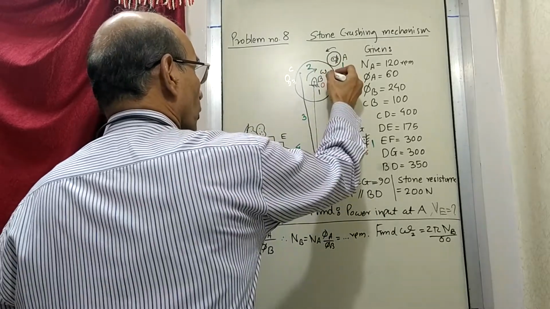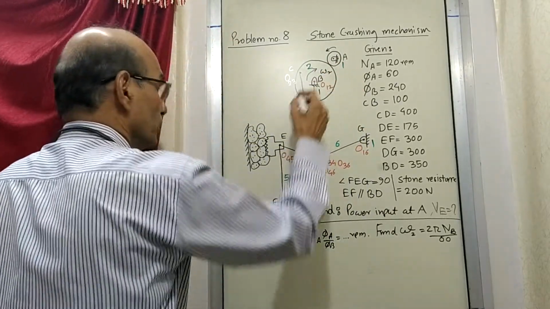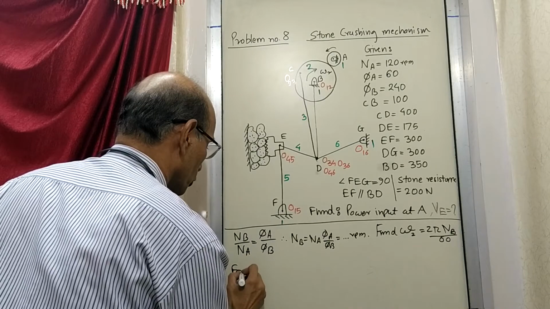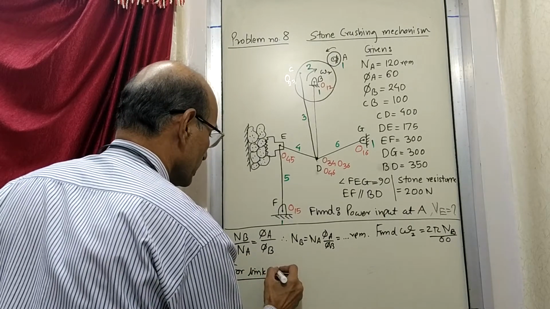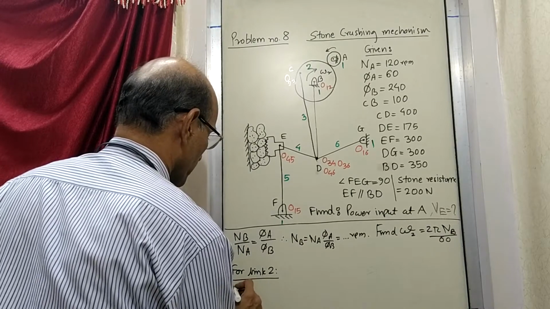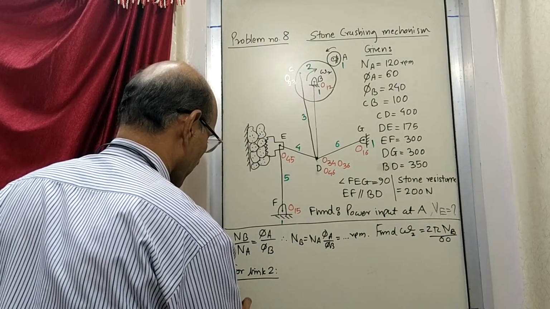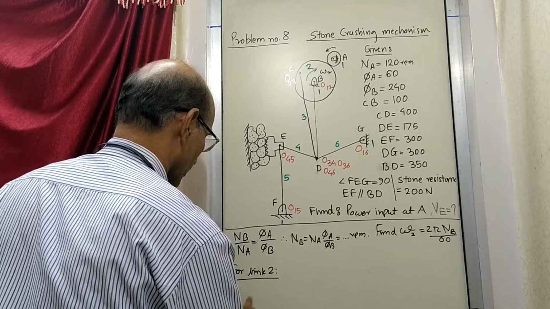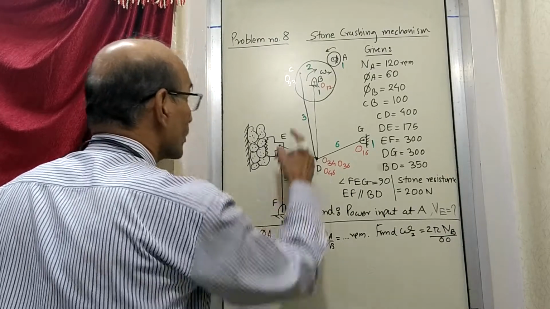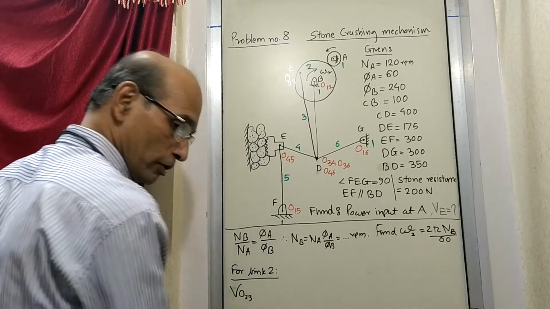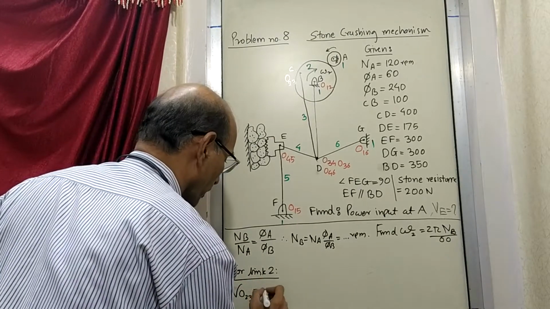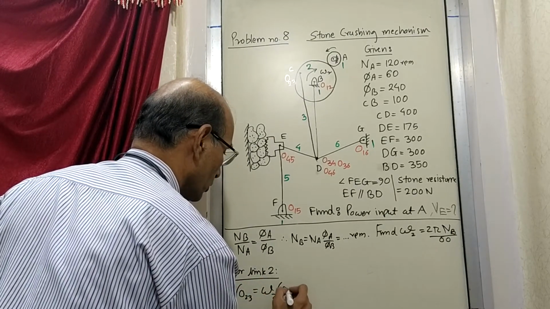So once you find out what is omega 2, now you can go to link number 2. For link number 2, now you can say that velocity of O23 is equal to omega 2 times O12 O23.